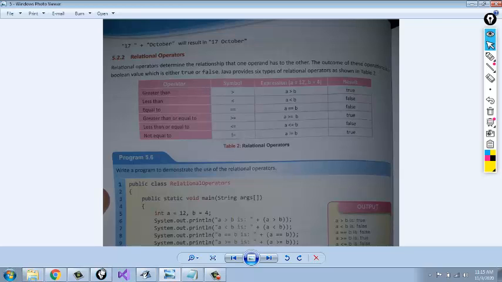Then we can go to the next operator, not equal to. Here you can see A not equal to B. What's the value of A? 12. And what's the value of B? 4. Both variables have different values. That's why the result of this expression is true.